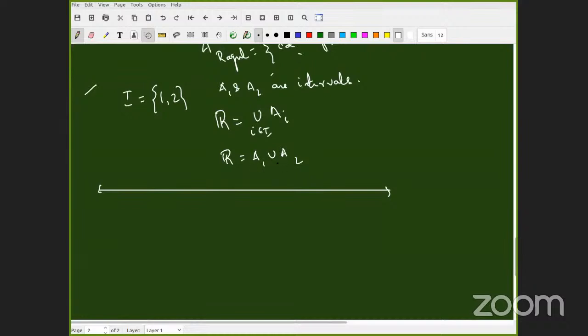I have not asked for disjoint sets and all. Partition it into 2 sets, that's all. But you should not miss any member of R. There should not be any member of R not in this union. R equal to A1 union A2.